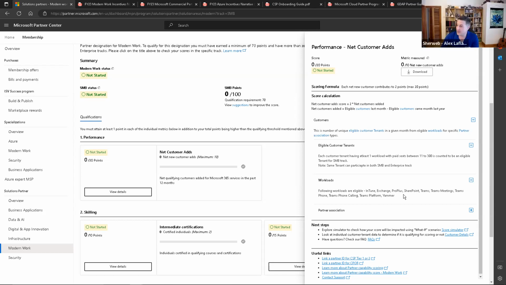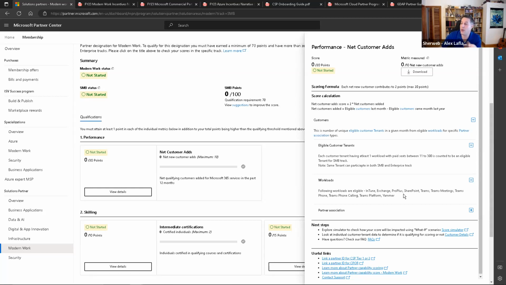And for some reason, today that client, Zoom isn't working, right? So one of their users stumbles onto Teams to create a Teams meeting. Well, since that workload hadn't been used by that end customer in the last 12 months, that's going to generate 2 points for you. If later in that day, that same user sends a Teams message to a colleague saying, wow, Teams is great, that's another workload, that's another 2 points for you.